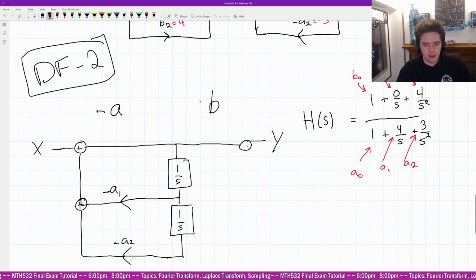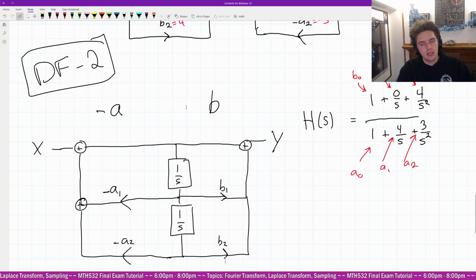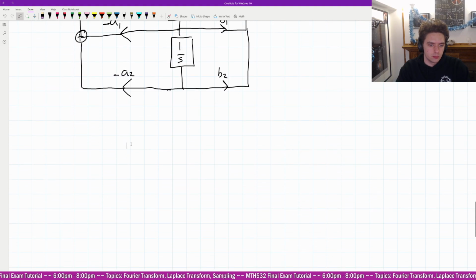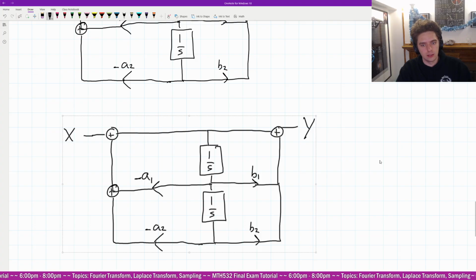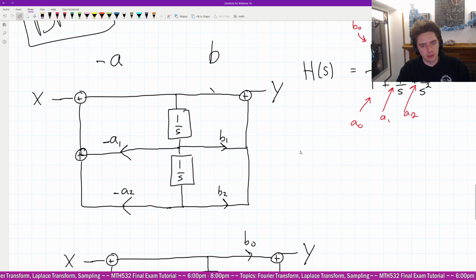So here's our plus, and then here's our B1, because it's the B value after the first integrator. And B2 is our B value after the second integrator. Oh, sorry, there's supposed to be a B0, as the B value after no integration. So that's the general direct form 2.